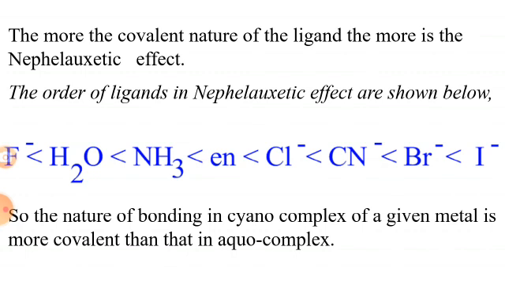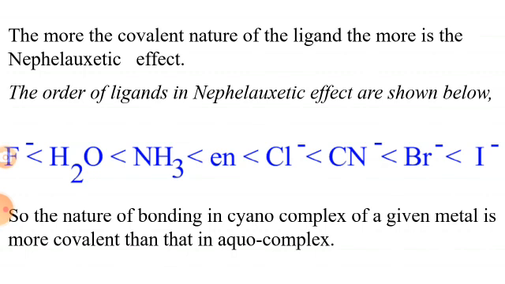When metal orbitals combine with ligand orbitals, it shows cloud expansion or orbital expansion, and electrons have more space for movement and delocalization. Because of that delocalization, electronic repulsion reduces, and it leads to covalent character.